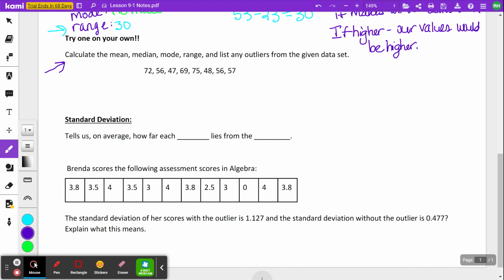Okay, so hopefully when you came back to this, mean, median, mode, and outlier.